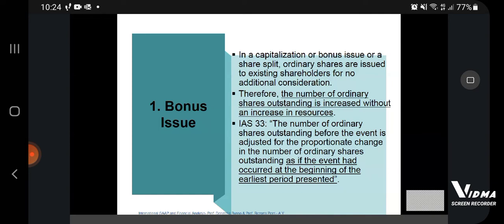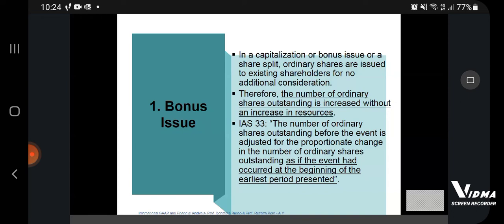Let me explain simply. If we issue a bonus at 22nd of October 2021, and we prepare the financial statements for 2021, we should recalculate the earnings per share, of course, for 2021, but also for 2020.